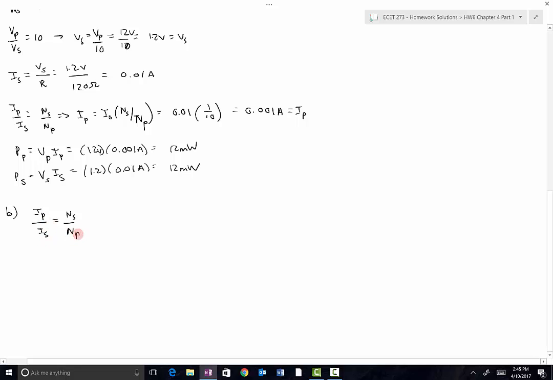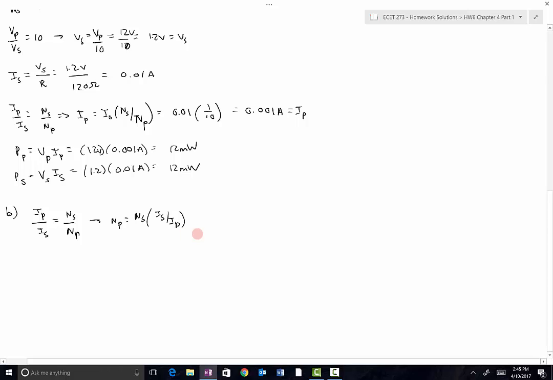I have these two quantities and I have NS. I don't have NP. So I can solve for NP. It is going to be NS times IS over IP.